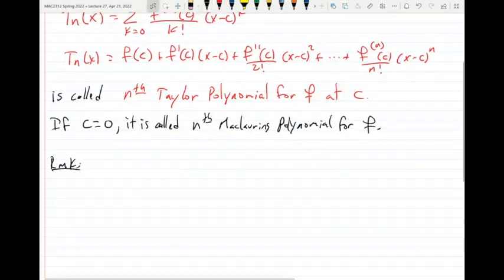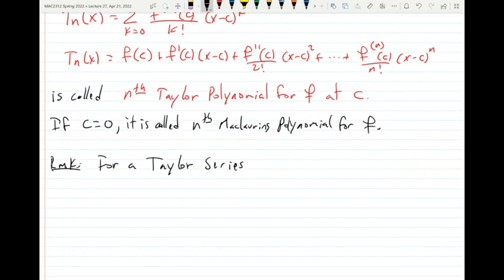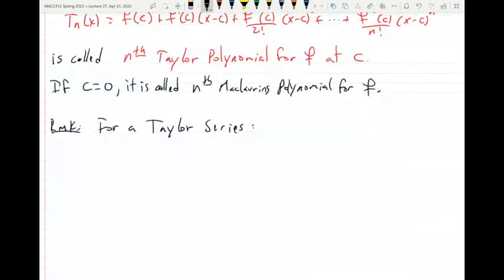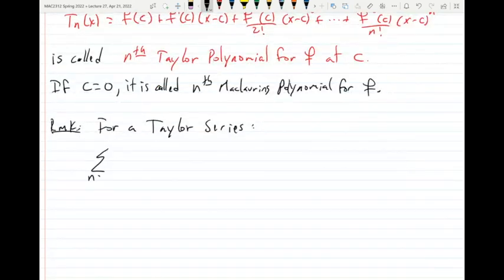Okay? So for a Taylor series, if you have a Taylor series of a function, remember this is equal to the sum from 0 to infinity, f^(n) at c over n factorial times x minus c to the n.